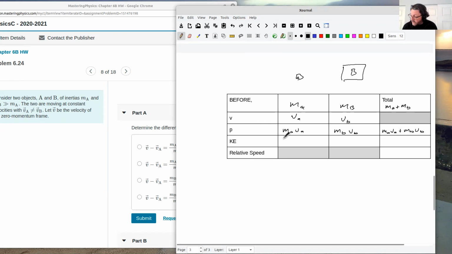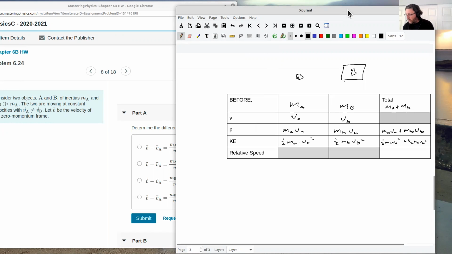So the kinetic energy of A is 1/2 times the mass of A times the velocity of A squared, and the kinetic energy of B is 1/2 times the inertia of B times the velocity of B squared. And then you add them up to get the total kinetic energy, 1/2 MA VA squared plus 1/2 MB VB squared.